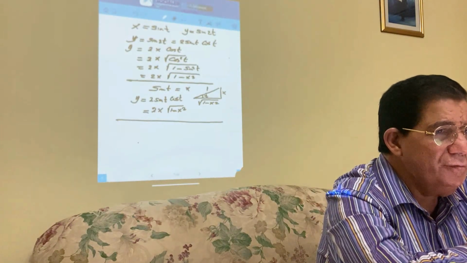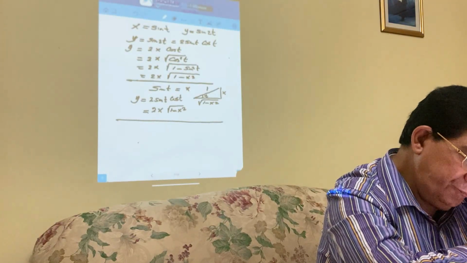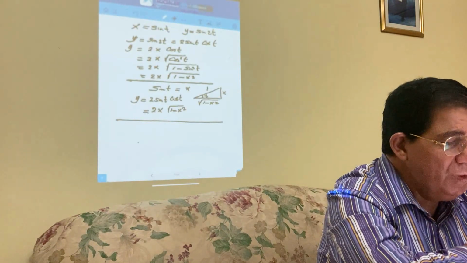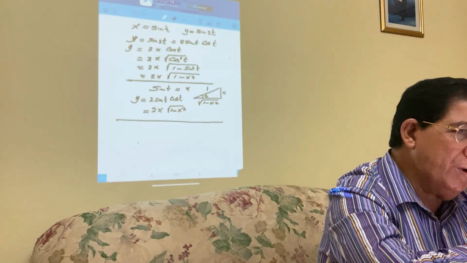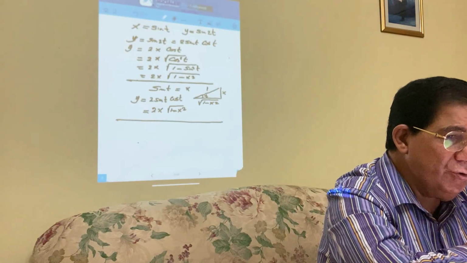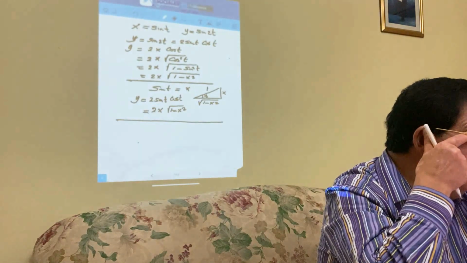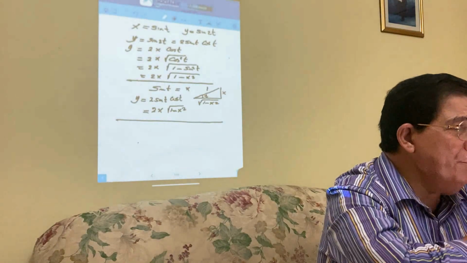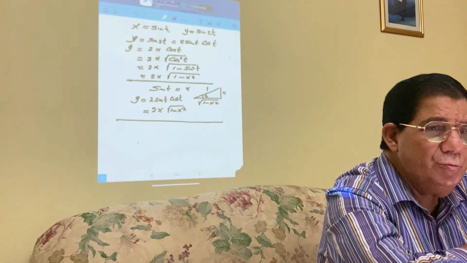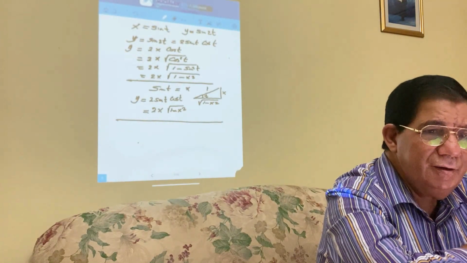Either you have a direct identity between the two quantities, in which case you write the identity and substitute, or you take one of them, say sine equals or cosine equals, and you draw a triangle.